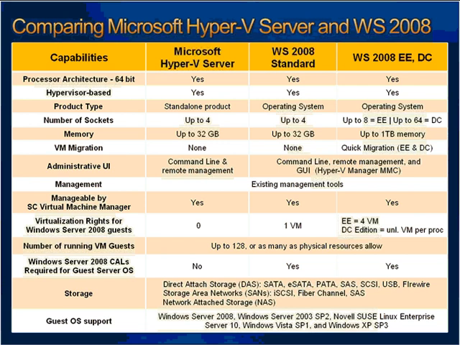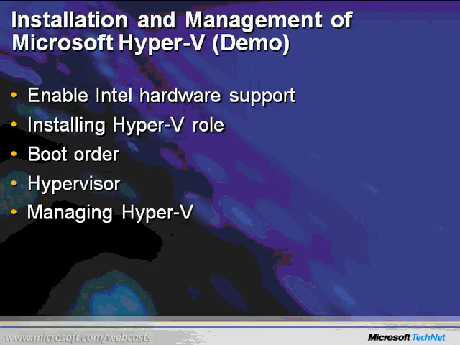Enterprise Edition includes 4 child operating system licenses, whereas Data Center Edition includes an unlimited number of child operating system licenses. One other point to note in evaluating these options is that Microsoft Hyper-V Server, that first column of product option, is available as a free product download from the www.microsoft.com/virtualization product page. So it is available free, but it does not include any additional server operating system licenses.